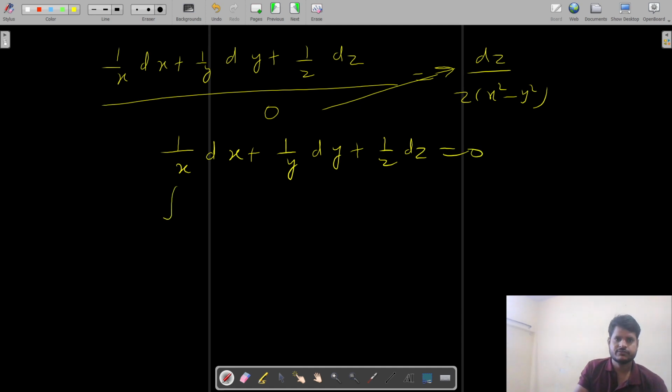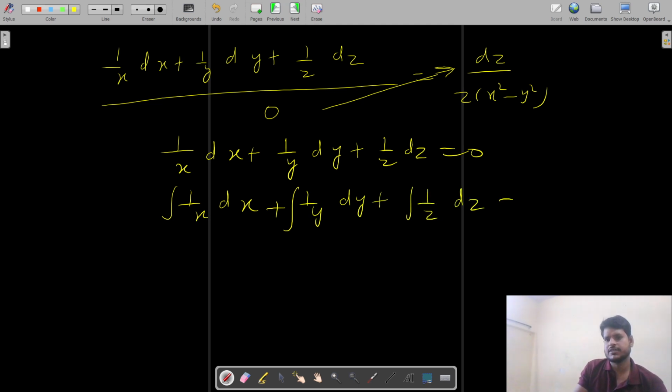Now integrating, we have integration 1 upon x dx plus integration 1 upon y dy plus integration 1 upon z dz equal to 0. So you have log x plus log y plus log z, right?